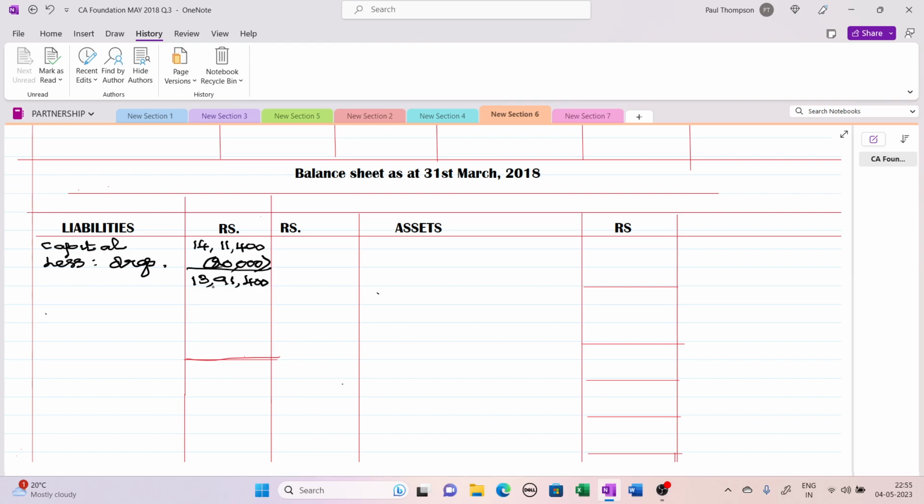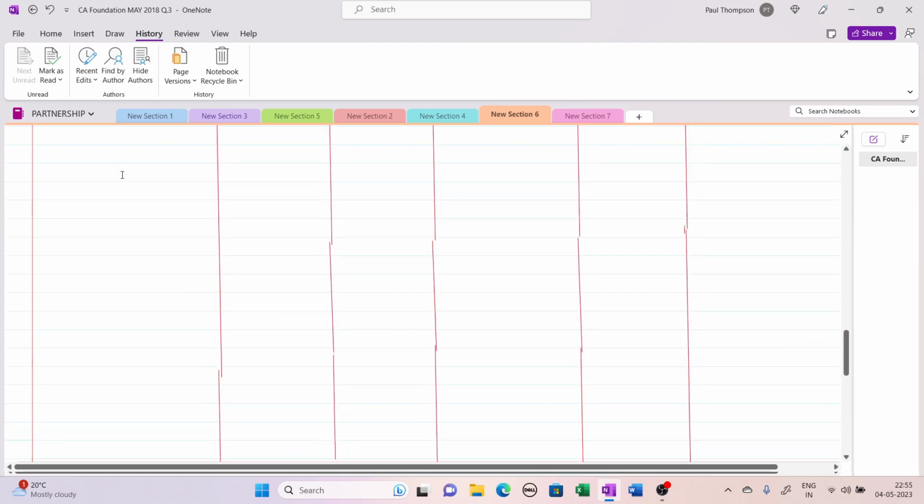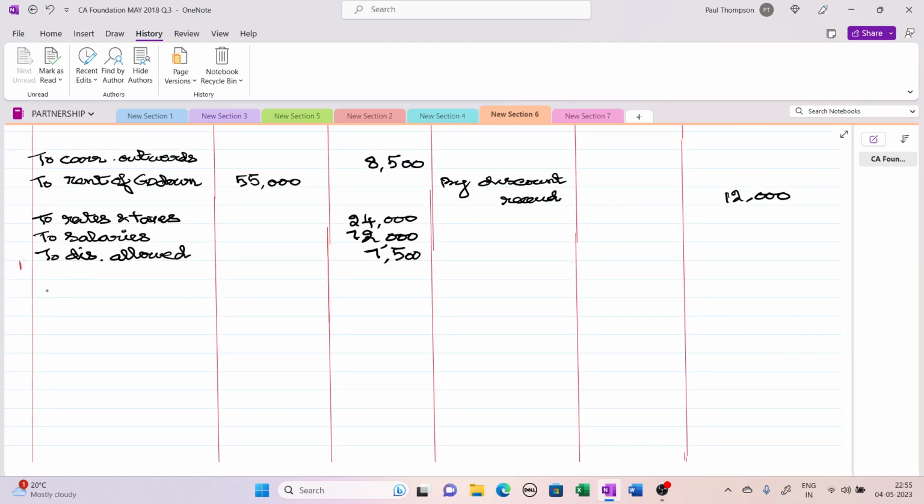13,91,400. Okay, the next item is printing and stationery. That will go to your P&L account. To printing and stationery. There is no adjustment, so I am taking it in the outer column, 6,000 rupees. Next item is insurance premium. There is some adjustment. We studied the last adjustment was insurance premium.